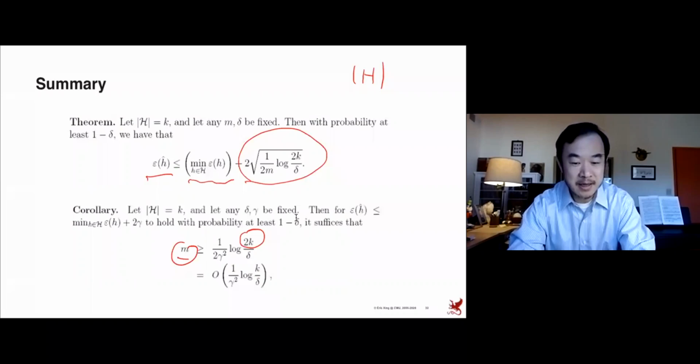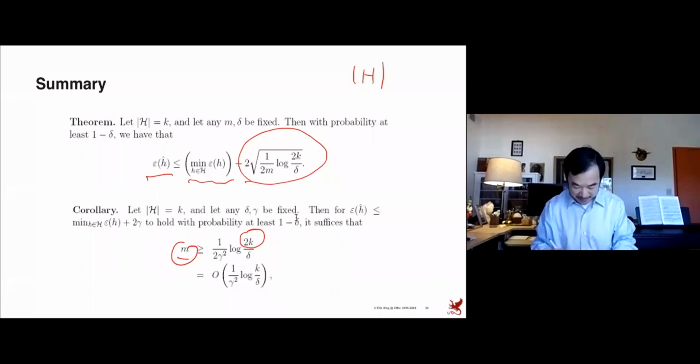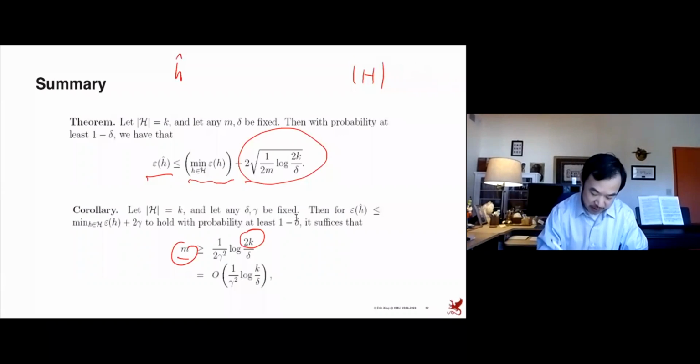Any other questions? We have another 2 minutes. Can I quickly ask about the notations here? What's the difference between error hat H and error H and error hat H star, like in the previous page? You bet. Yeah, so let's see. H hat is the empirical risk minimizer, right?